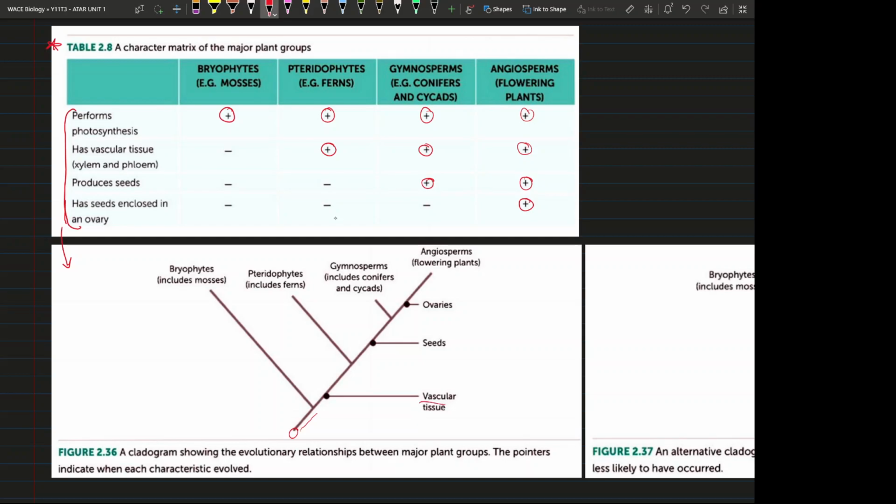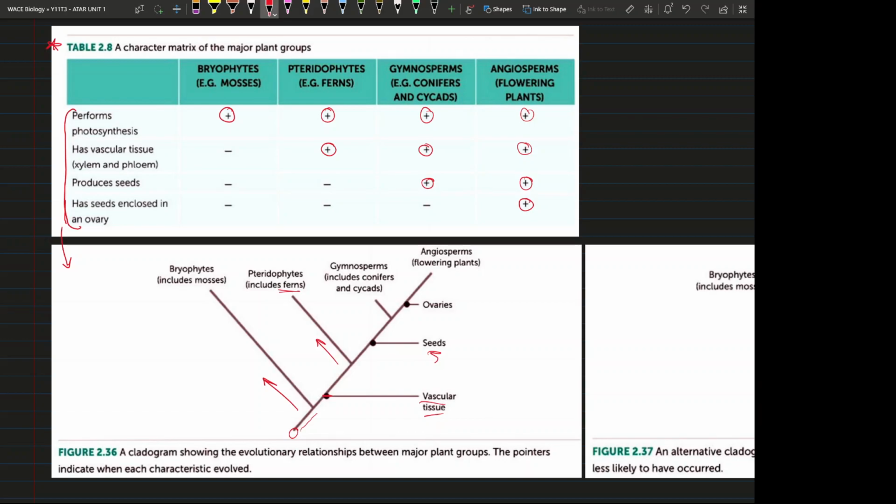So, for example, vascular tissue, those organisms that do not have vascular tissue are branched out into their own group. Okay, the bryophytes. As you talk about a second characteristic, these other organisms start branching out. Basically, the ferns, because they're starting to lose features that are common within the further groups, right?